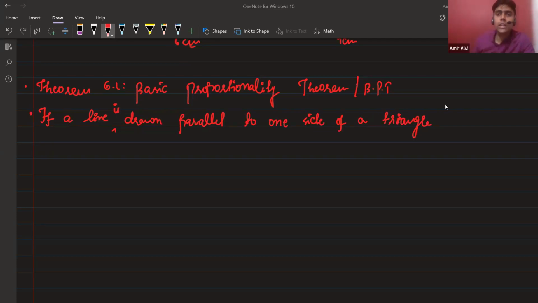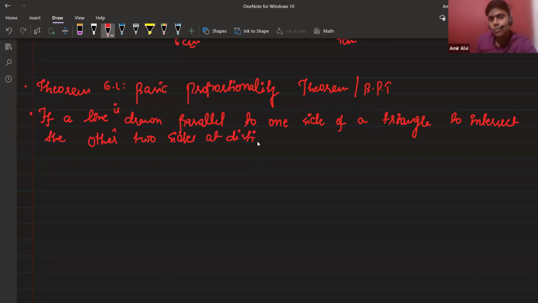to intersect the other two sides at distinct points. Distinct points means different points, like this point will be different and this point will be different. Clear, everybody?